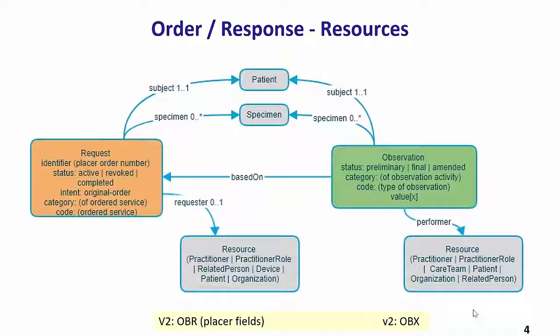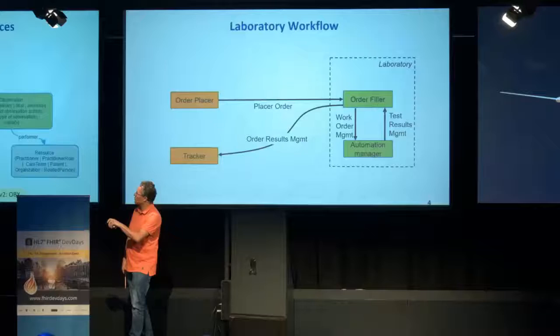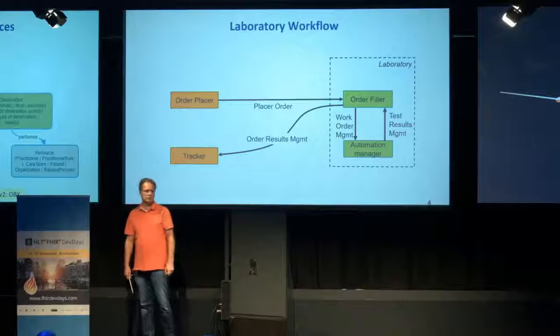In our example, that's an observation resource, and again, that has statuses to indicate the performance of the event. Are we still doing it, or have we already done it? Request has a requester, somebody responsible for the request, and observation has a performer, somebody responsible for the event. Both are related to a specimen, a laboratory, and or the patient.